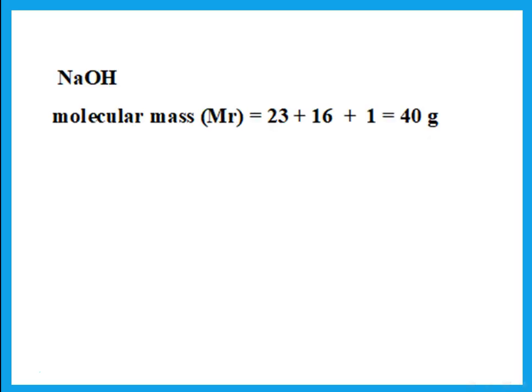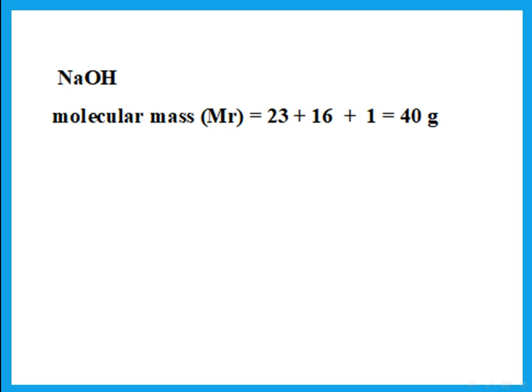Now, also, if we have something, for example, this is sodium hydroxide. Now, we get the molecular mass, that is the mass of sodium plus mass of oxygen plus mass of hydrogen. So the total molecular mass of sodium hydroxide is 40. Now, if he says he wants to know the percentage composition, what is the percent sodium in here? What is the percent oxygen, the percent hydrogen?